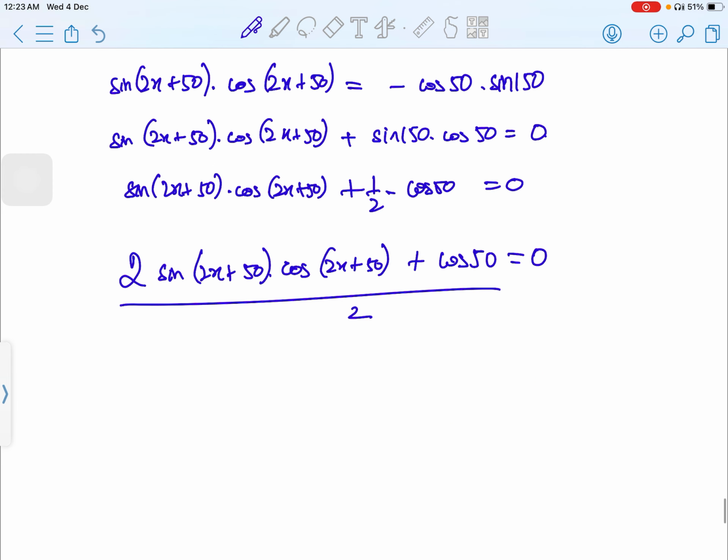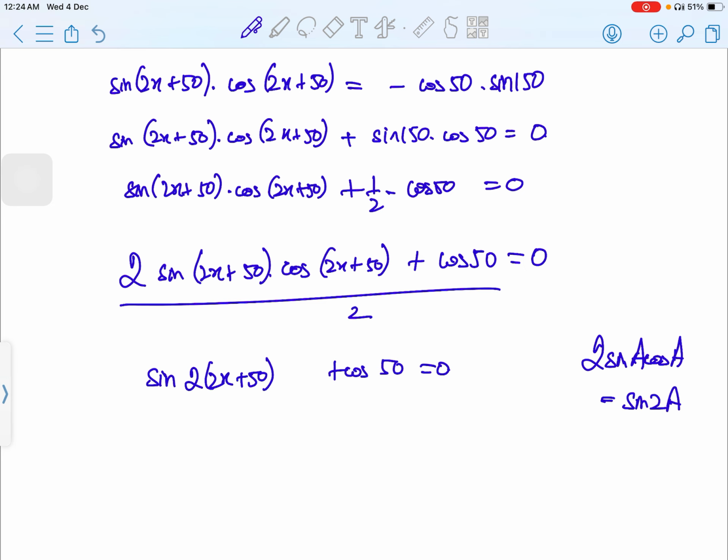This is of the form 2 sin a cos a, so we can write the sin 2a formula. If you write that, sin of 2 times 2x plus 50 plus cos 50 equals 0.